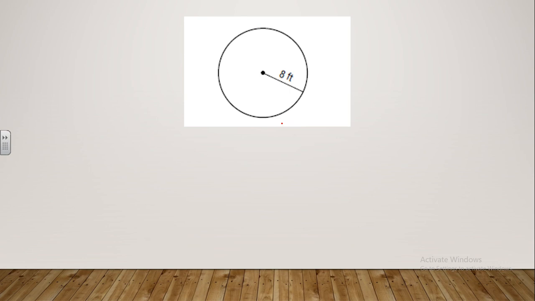Okay, now he wants you to find the circumference. Okay, can you tell me, here he gave you the radius or diameter? Who can tell me? Super, here he gave us the radius. So let's write the rule. Circumference equals what? 2 pi r. Great job.